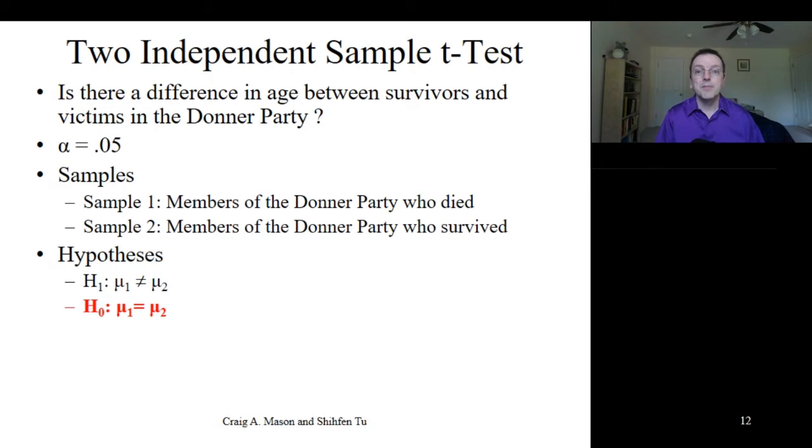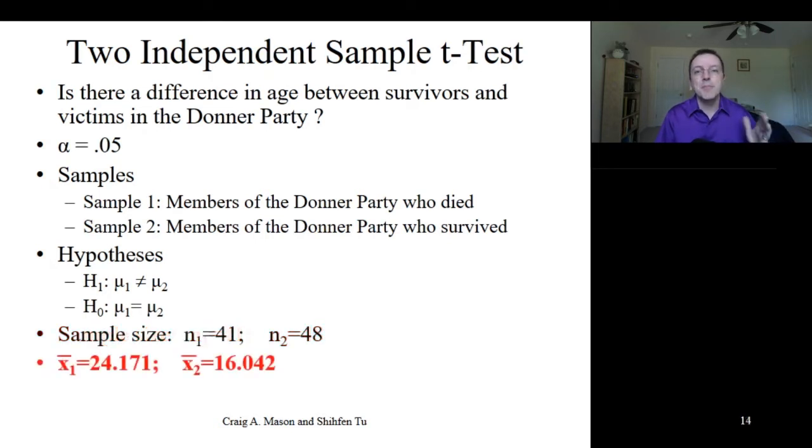Okay? Now, what about our data? The sample sizes were n equals 41 for sample 1, those who died, and n equals 48 for sample 2, the survivors. Note that the numbers may vary a bit from source to source because there's some disagreement as to who was really in the party at different points in time.